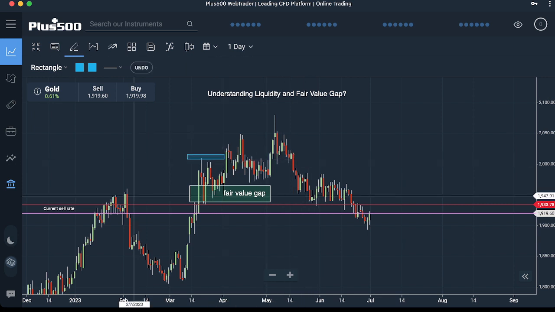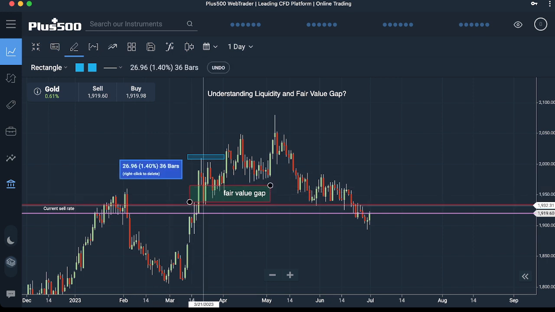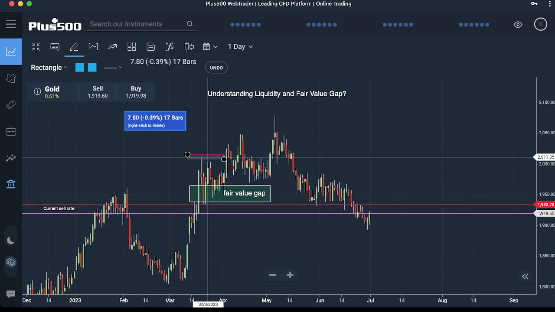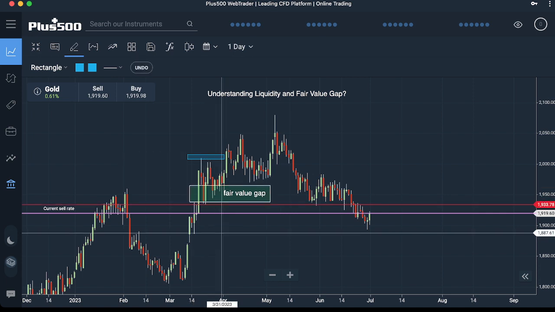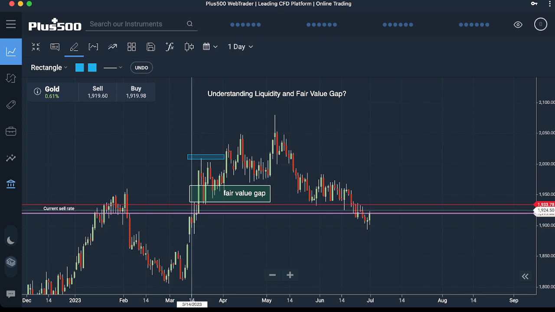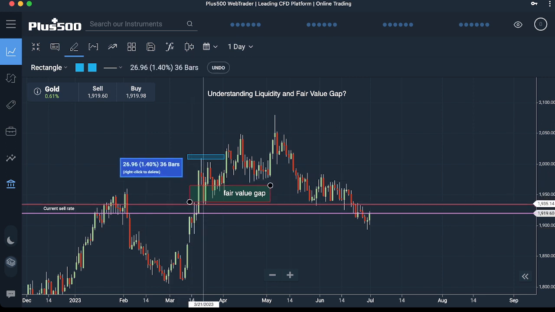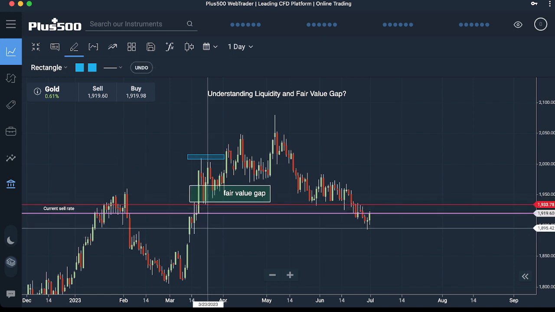You can see after the formation of this swing low inside the fair value gap, when the price is coming back, the body of the candle forming a swing low is not closing below the fair value gap at all.